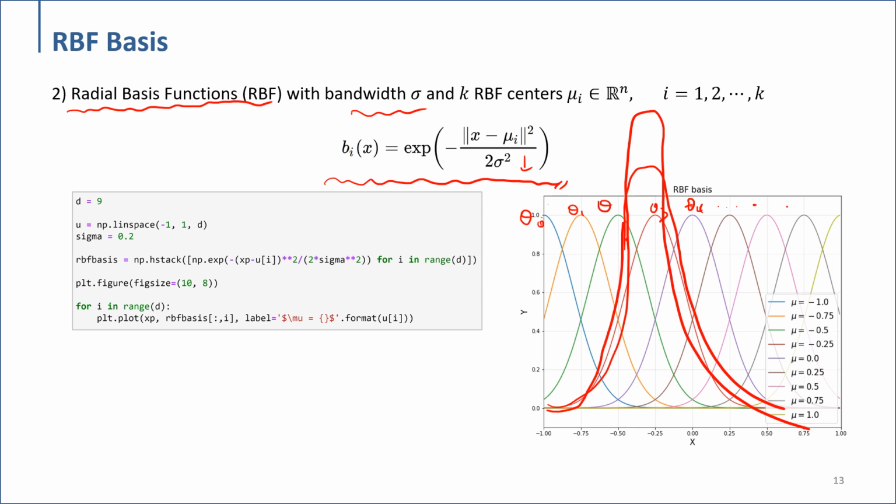And regardless of the coefficient of theta 3, as you can see here, the values at the other points do not show any big difference. So one of the main advantages of using an RBF basis is that it's highly localized. It's good for representing highly localized patterns in data.